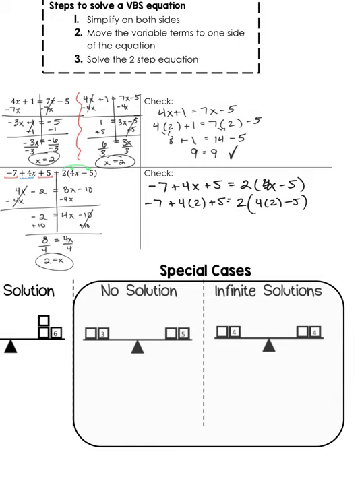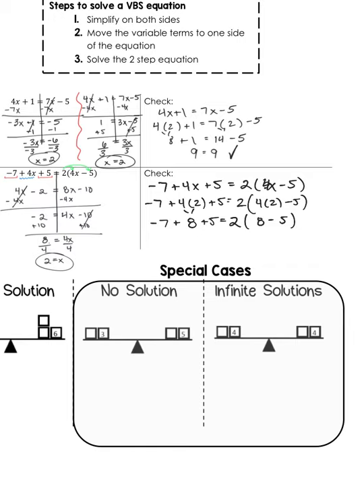When I start simplifying on the left side, 4 times 2 is 8, so I have -7 plus 8 plus 5. On the right side, I have a lot of stuff in parentheses, but I'm going to start with the 4 times 2. So this ends up being 8 minus 5 in my parentheses.